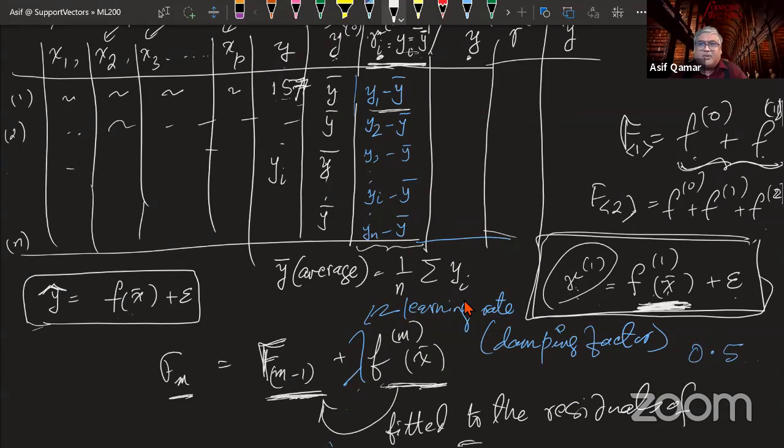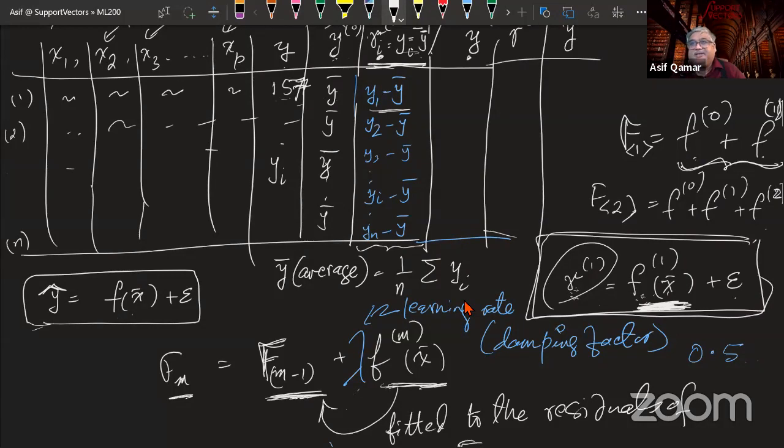Quite often, people in boosting tend to use decision trees, but it need not be. You could use whatever you want. Notice that you're not fitting it to the Y, the actual labels. You're instead fitting it to the residuals from the zeroth model. You will get another model, F1, a decision tree let us say, a weak learner for F1.